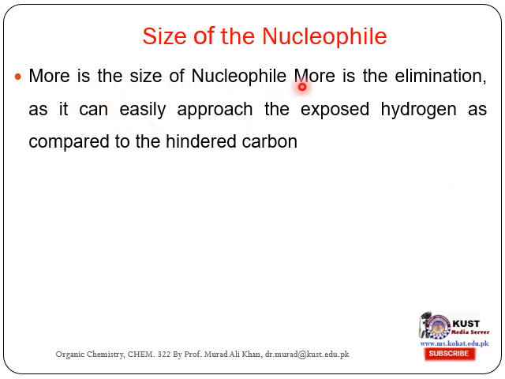The larger the nucleophile, the more the elimination, as it can easily approach the exposed hydrogen as compared to the hindered carbon, as the hydrogens are normally more exposed compared to the carbon, which might be protected, or which might be in the cloud of alkyl groups or some other groups, and it will be difficult for a bulky nucleophile to approach that hindered carbon. So there are more chances of elimination in this case.